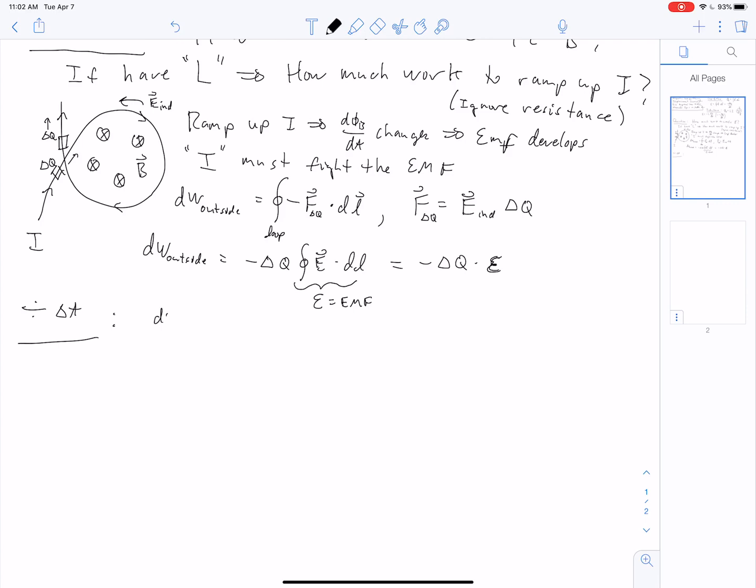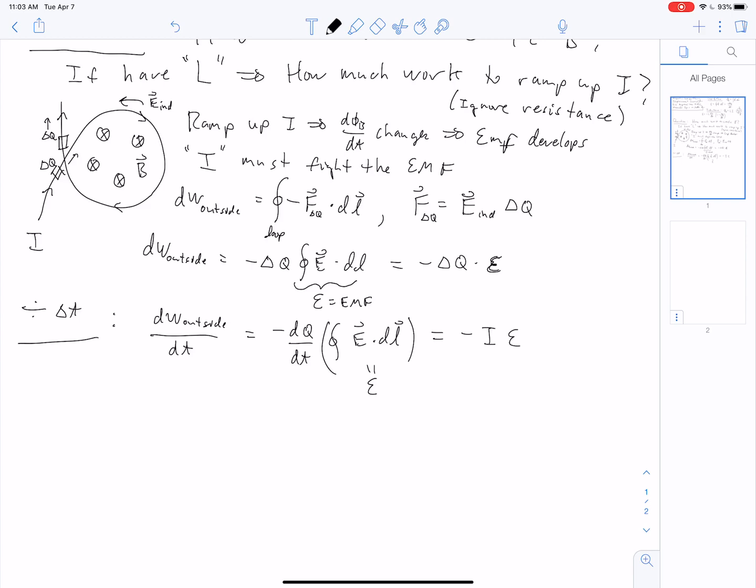The work done by the outside agent per time is equal to negative dq dt times the integral E dot dl, where this is of course the EMF, and so this is equal to negative I times the EMF.